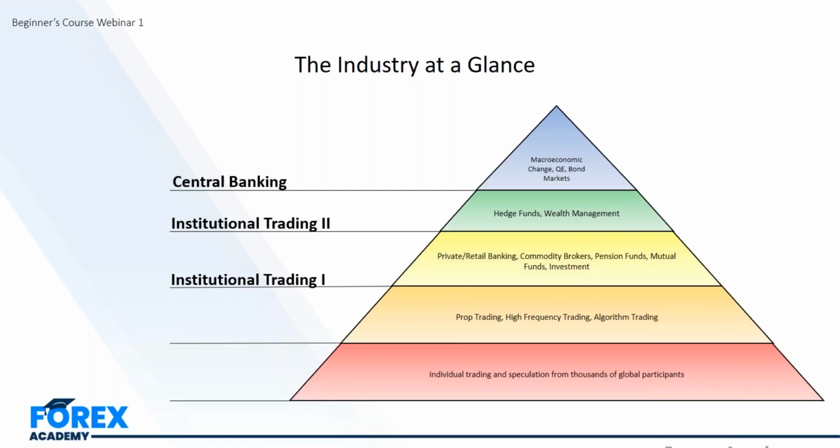Then we go into the more sophisticated prop trading world, which is the divide between the retail trading world and institutional top-heavy trading. They are quite sophisticated in terms of prop trading, high-frequency trading, algorithmic trading in their set strategies, but they are still, in terms of the hierarchy, small fish to, say, for example, central bank movements of markets.